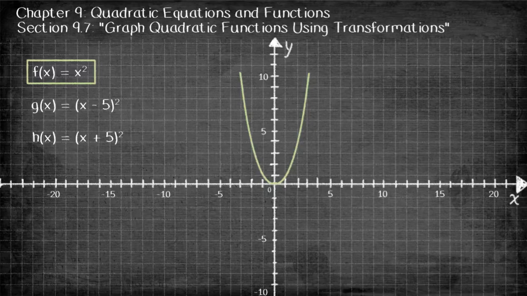if you think about it, let's look at what we're doing. x minus 5 means that your x value is going to be 5 less than whatever it was. And that affects things in kind of the opposite way that the vertical shift does. So say we wanted to calculate g of 2, for example.